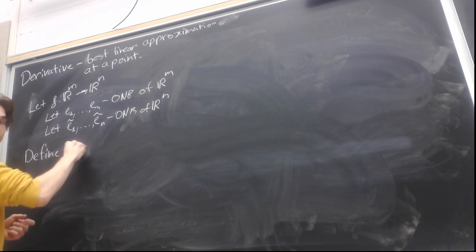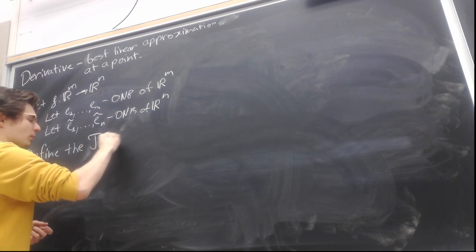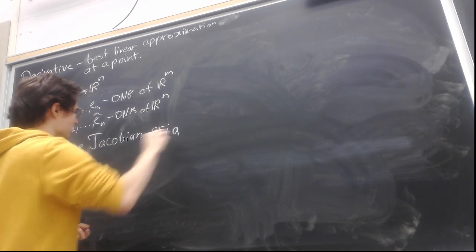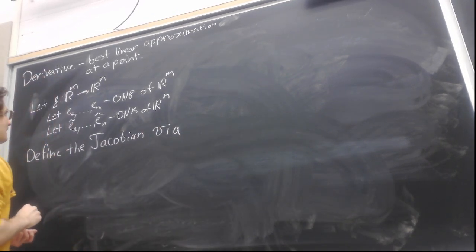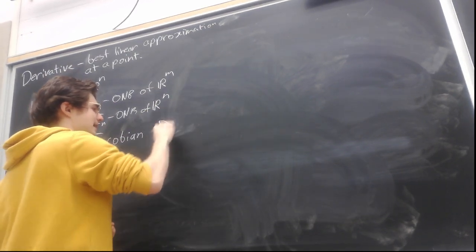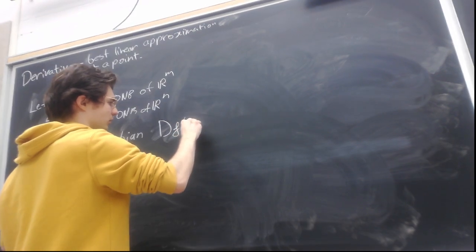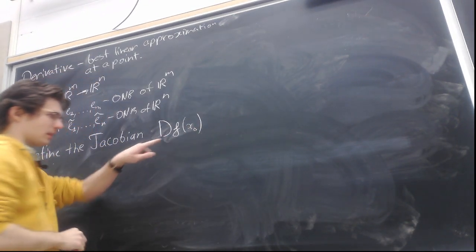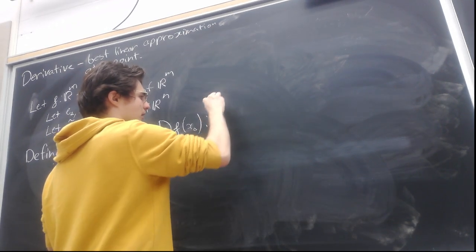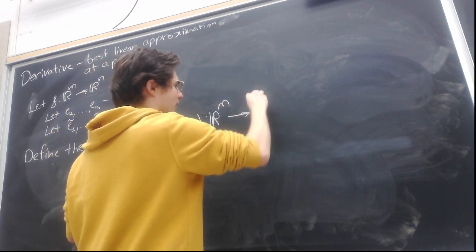the Jacobian. This is visible right here. Define the Jacobian as follows. We'll call it df, at the point x naught, to be a map from Rm into Rn.